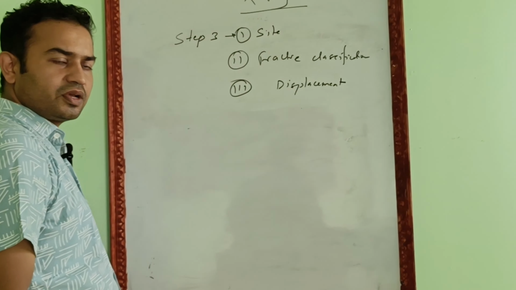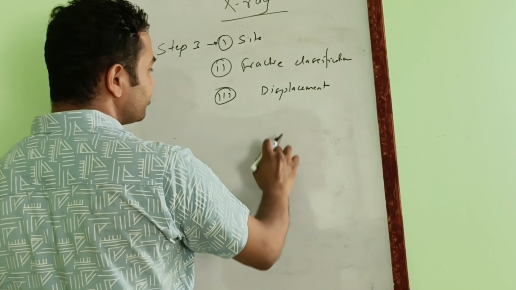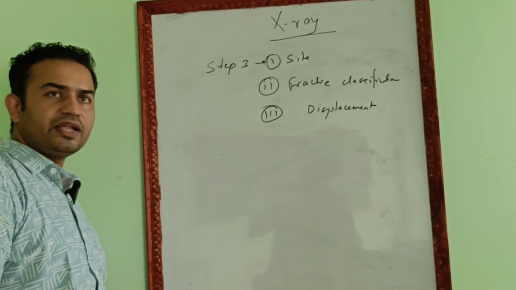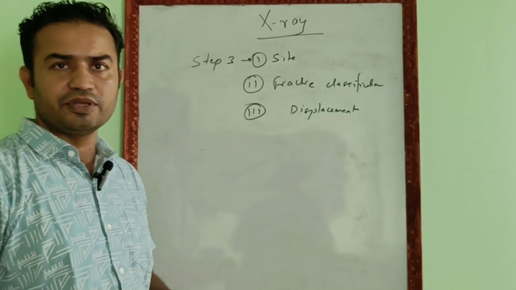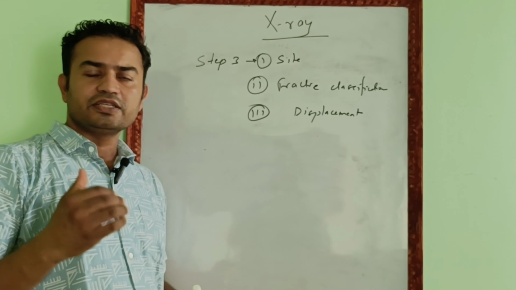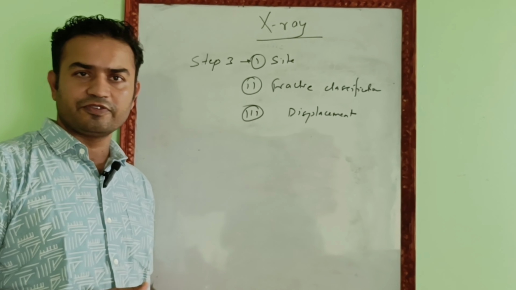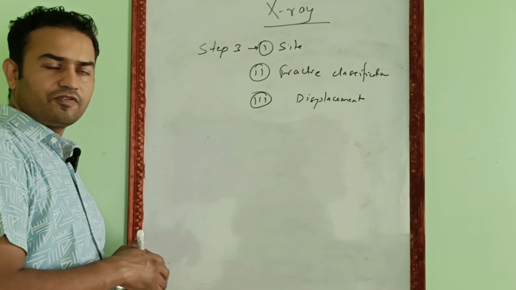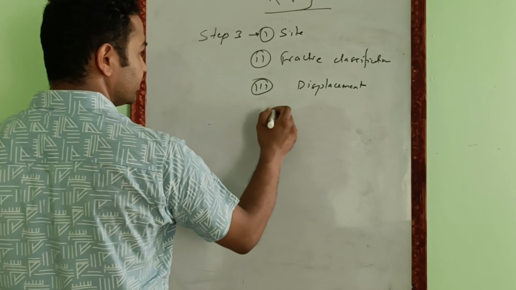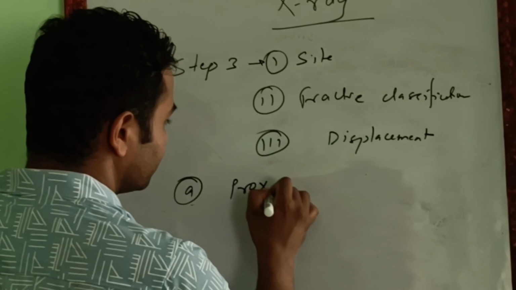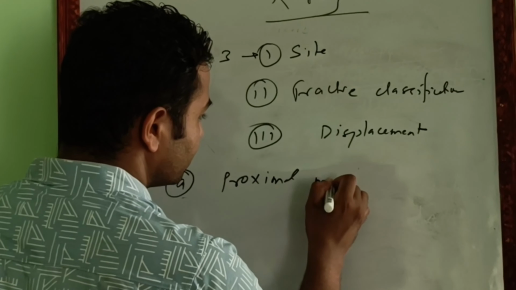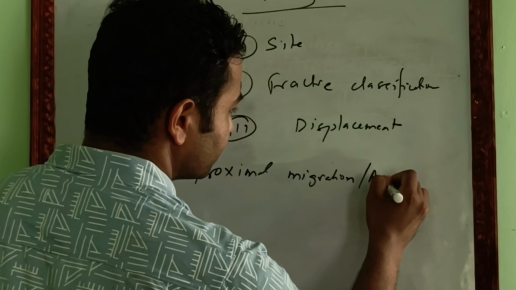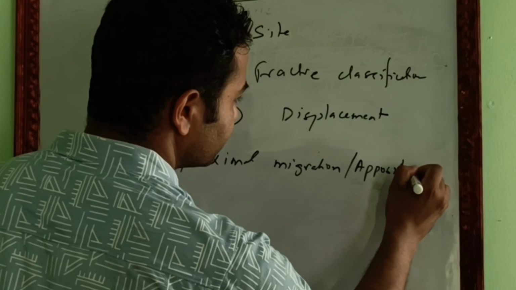Displacement. You have to define the displacement of the fracture fragments, and while describing this displacement you have to mention it according to the distal fragment in relation to the proximal fragment. There are various points to be mentioned here. Firstly, proximal migration or apposition.